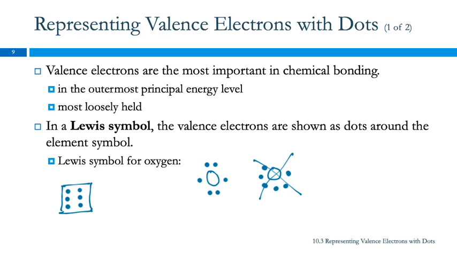That's an excellent question. Does it matter what order you put them in? No, it doesn't. So I could have the paired ones like that. I could put the paired ones over here and the unpaired ones over there. It doesn't matter.